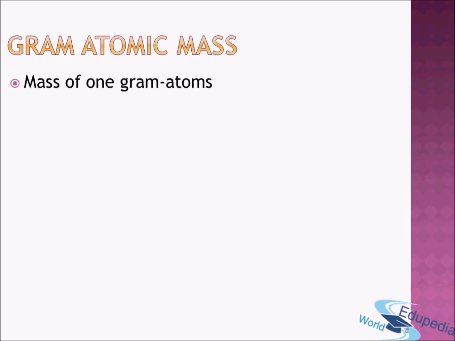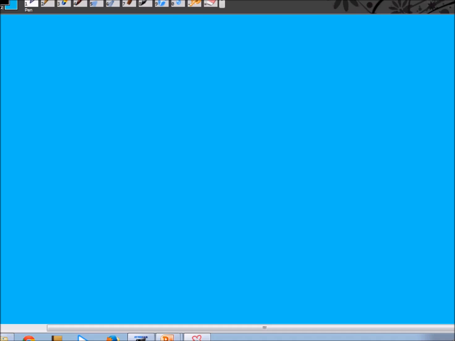Okay, so let's see what this means for us. Say I have oxygen atoms with me. So I already know that atomic mass of oxygen is 16U.